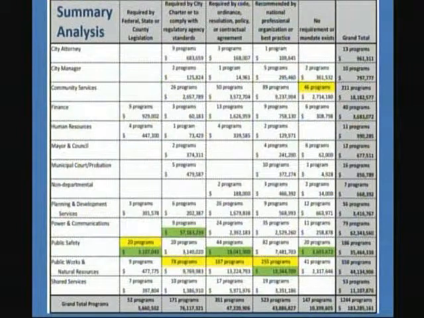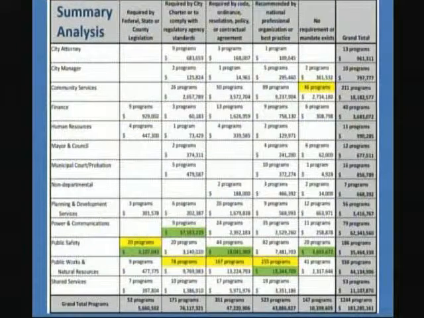So going from left to right, after the summary analysis, we begin to show the mandate level 4, which is, again, the federal, state, or county legislation. And so you can see in there that, if you pick any of those departments, you'll see where there are programs identified.